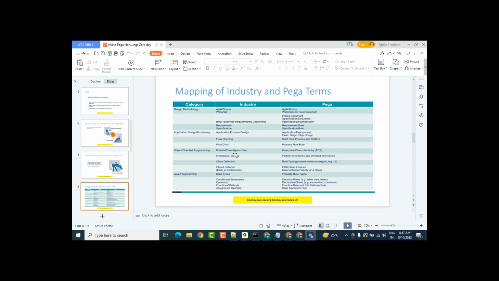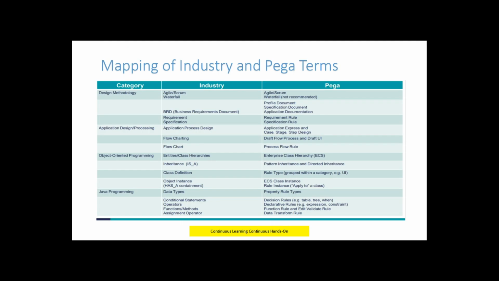Okay, so these are certain common terms which you guys might already know. So what is the design methodology we use? Usually we go with Agile in Pega. For application design, we have flowcharts in the normal industry, but in the Pega industry we have case life cycle, case management, case design, process, screen flow rules.